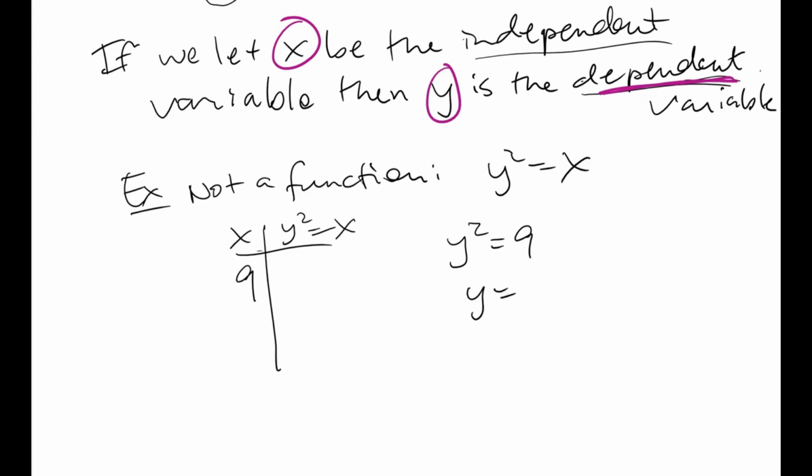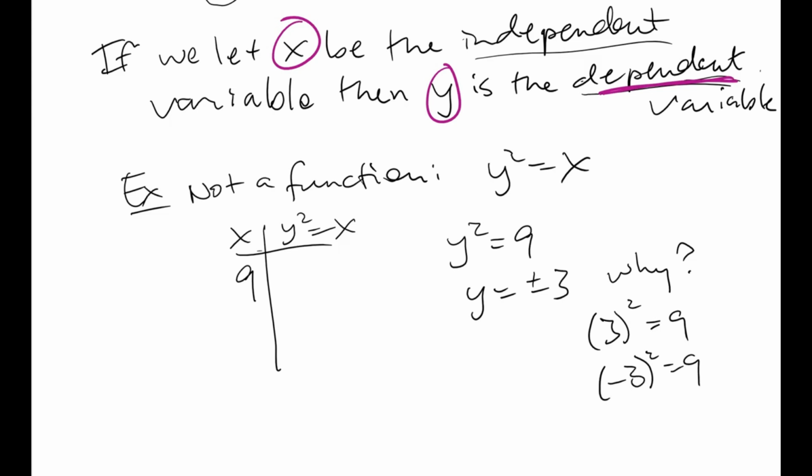We get y equals plus or minus 3, because 3 squared is 9, and negative 3 squared is 9. So 9 yields 3, but it also could yield negative 3. And so you could work out like 0 would go to 0, 1 would go to 1, and also 1 would go to negative 1.